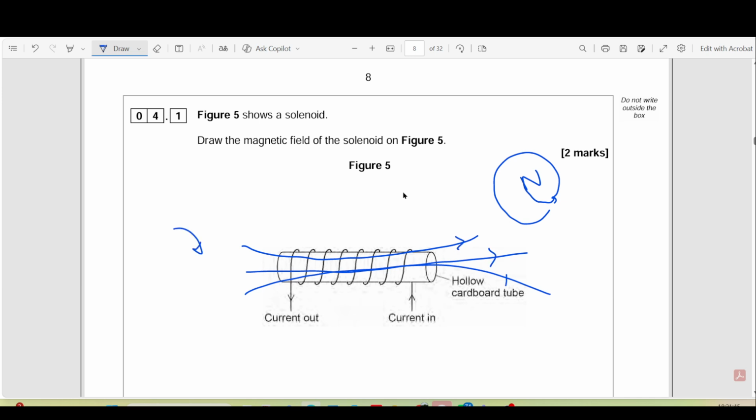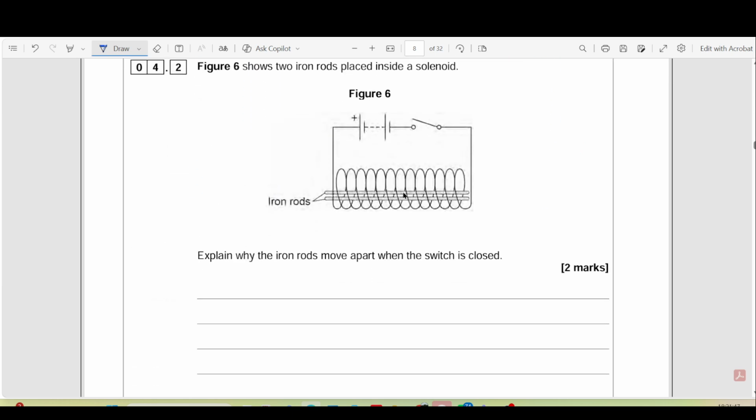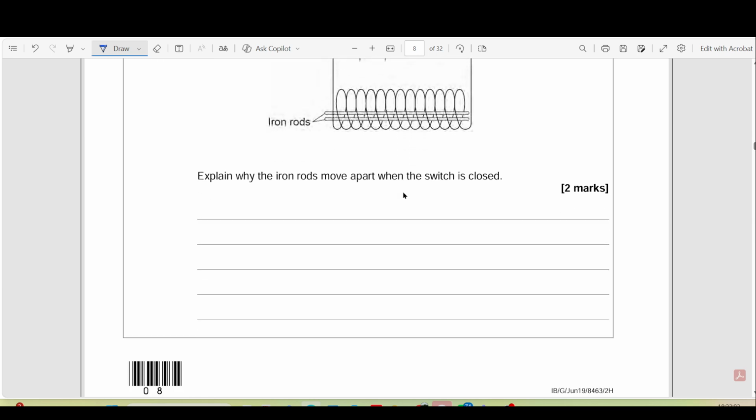Then why do the iron rods move apart when the switch closes? When the switch closes, current flows through and a magnetic field. The rods become magnetized, causing the rods to become magnetized.